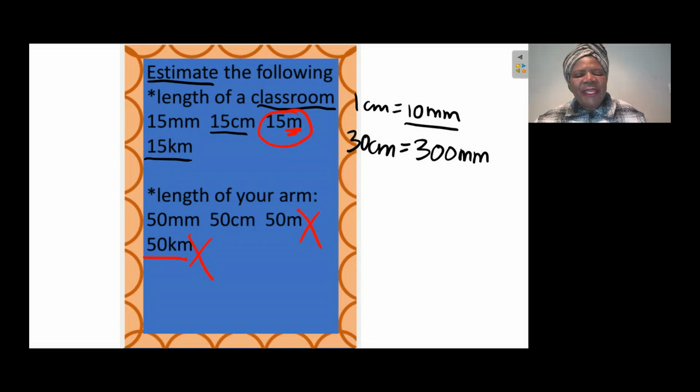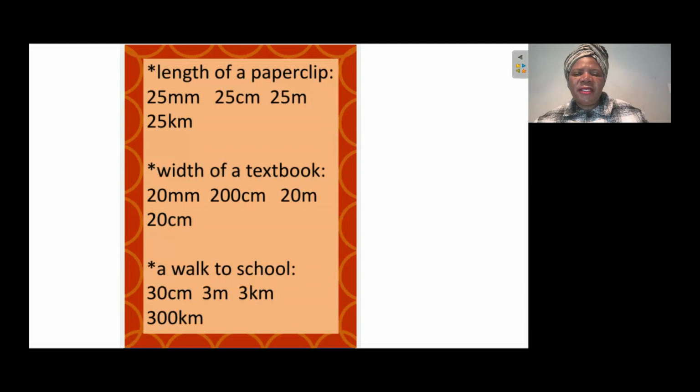If we look at 50 millimeters, if you check on your ruler, 50 millimeters is 5 centimeters, and 5 centimeters will be too small. So this also is out, which means our answer will be somewhere around 50 centimeters. Okay, right, let's go on.